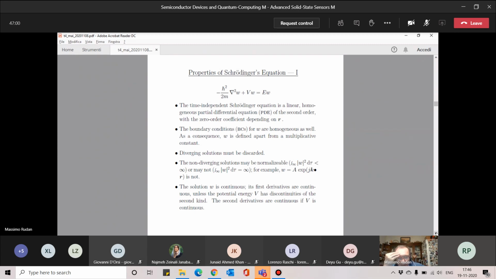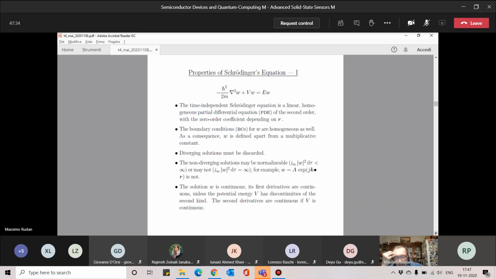What about the second derivatives? Well, it depends, because if you look at the equation, you see that if you bring the term V times W to the right, you are left on the left with the second derivatives, okay? So the second derivatives are continuous or not, depending on what the term EW minus VW is doing.